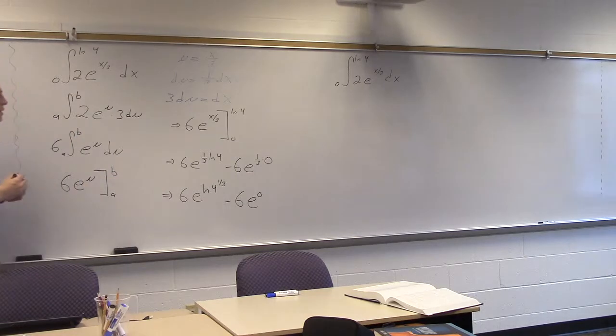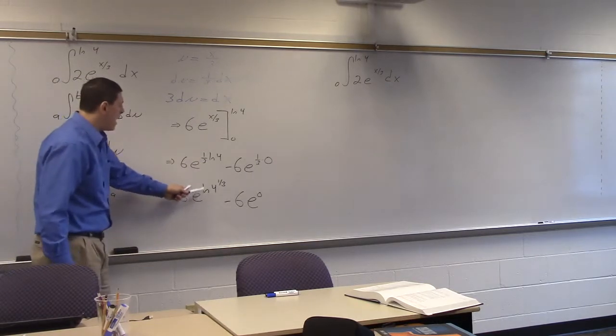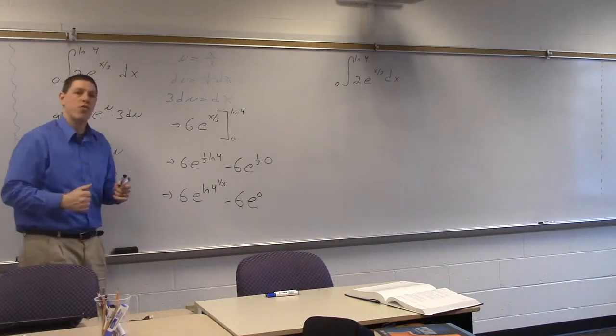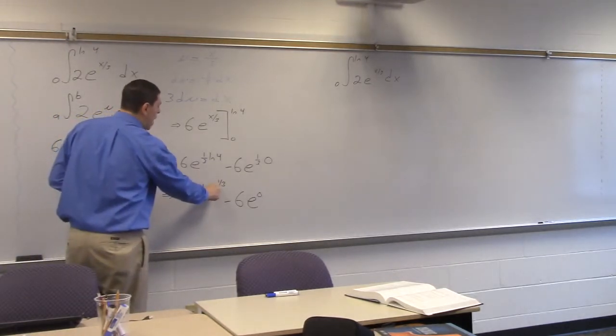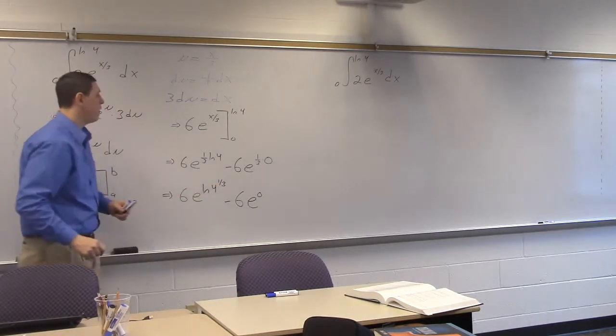Now we're starting to get this cleaned up a lot. Like we said, e and ln are inverses of one another, so these are going to take care of one another, and the 4 to the 1/3 is all that's going to be left over.